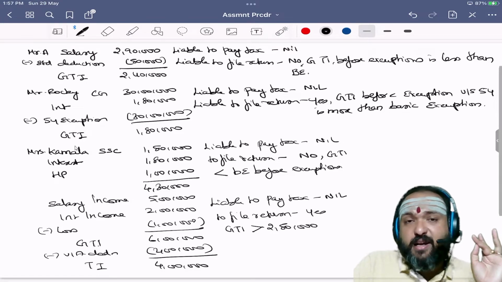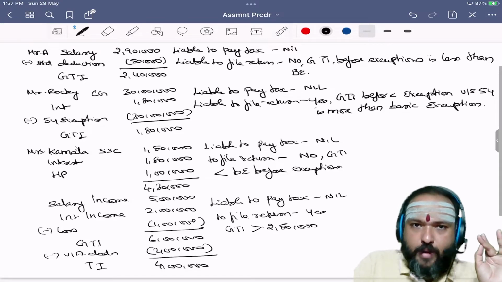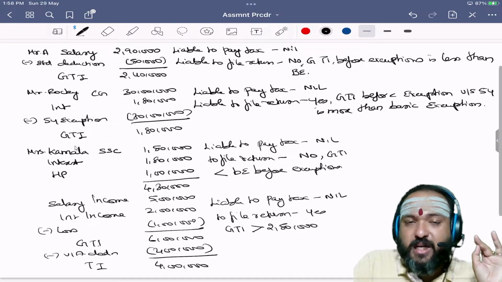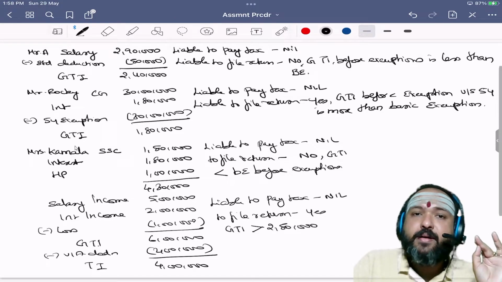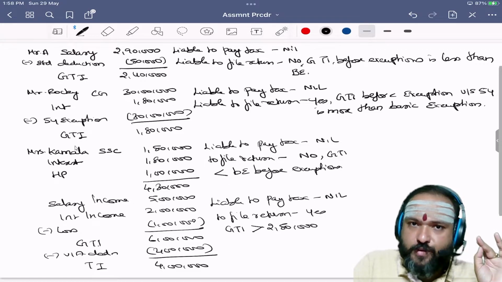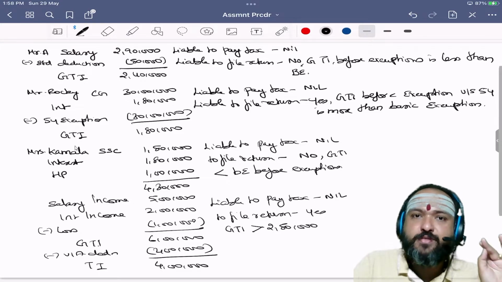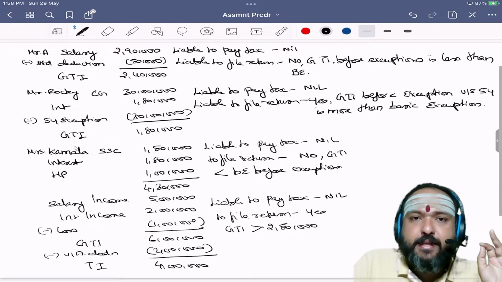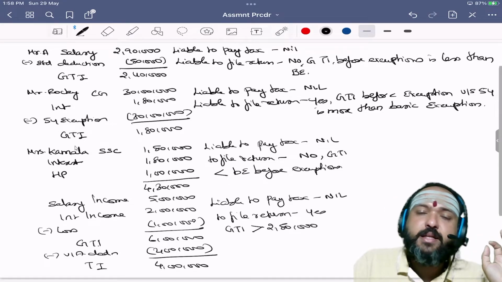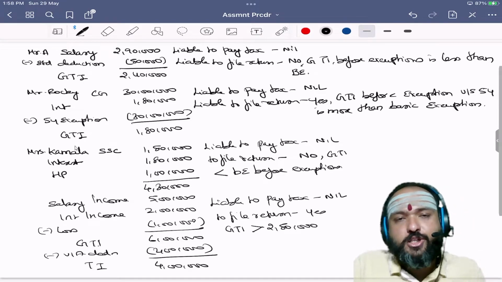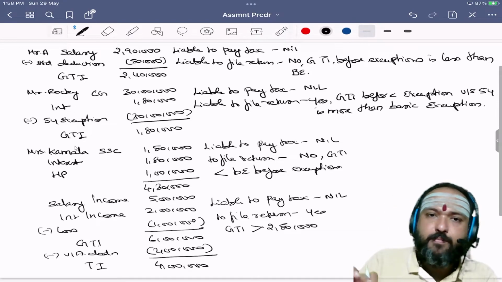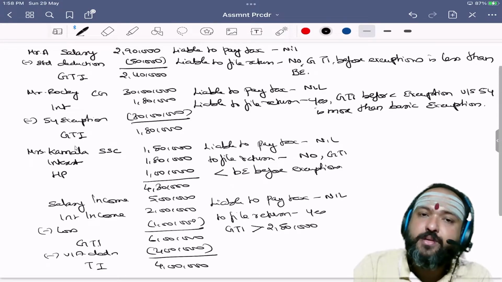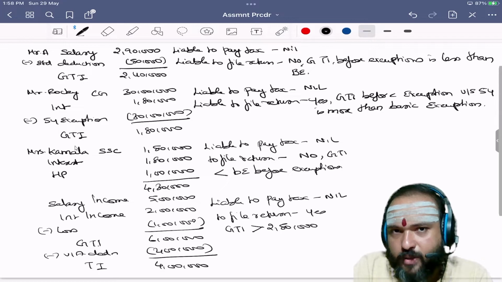Three, other assessees, individual, HUF, AOP, BOI, who have gross total income, that is income before Chapter 6A deductions and before exemptions under Section 54, 54B, 54D, 54EC, 54F, 54G, 54GA, 54GB, greater than basic exemption, then they will be liable to file return of income mandatorily. So this is the starting provision with respect to section 139(1).